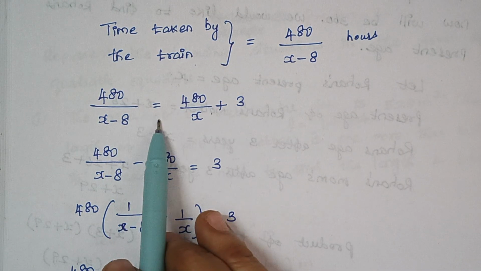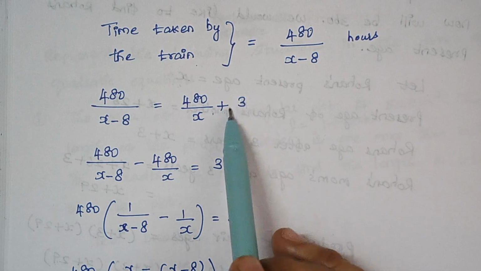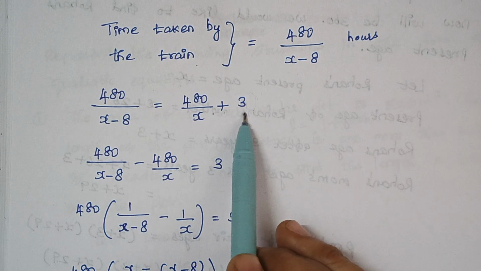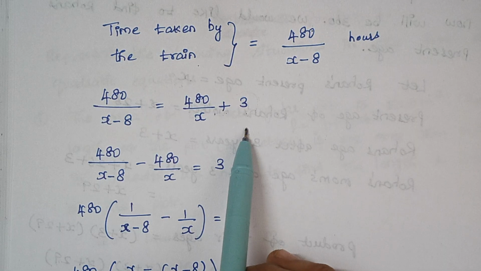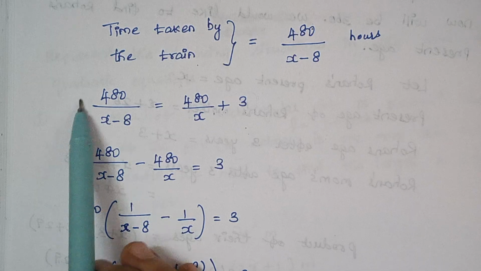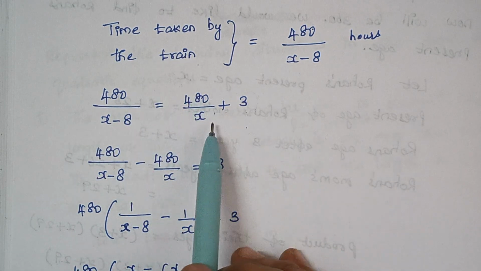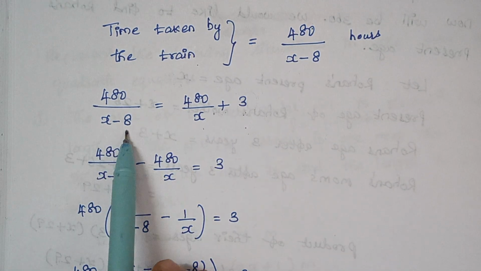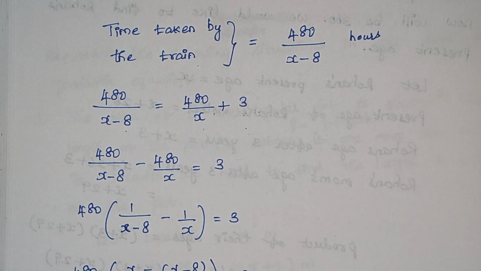And this is equal to time taken by the train plus it will take extra 3 hours to cover. That is why here I had written plus 3. Right? You should be clear in framing this expression. So time taken by the train when the speed is reduced is given by this expression. So this is equal to the normal time of the train plus 3 hours, because here we have decreased the speed. Therefore, it will take 3 more hours to cover the same distance.